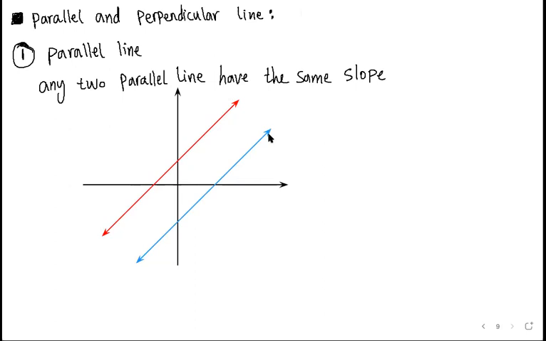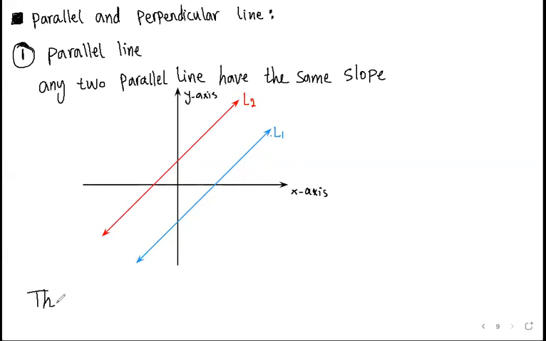This is line number 1, and here is line number 2. We have to know that line 1 and line 2, both of them, have the same slope. This is the important thing for parallel lines.